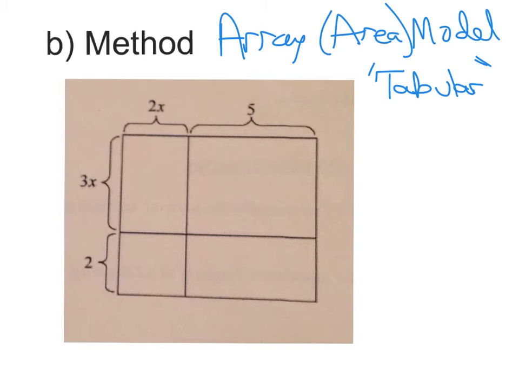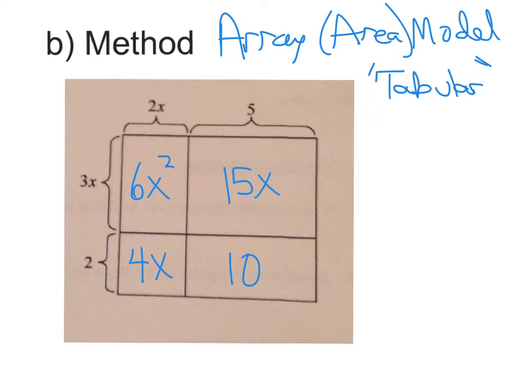So 3x times 2x multiplies together and gives me 6x squared. 3x times 5, 15x. You'll notice that now we move down to the second row. 2 times 2x is 4x, and 2 times 5 gives me 10.